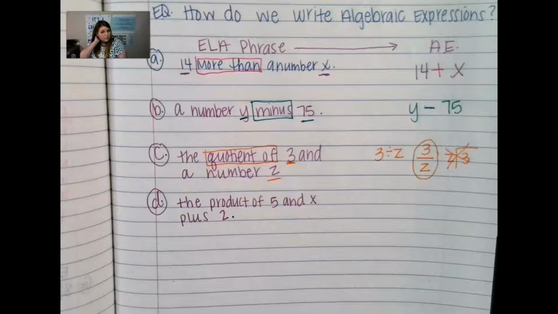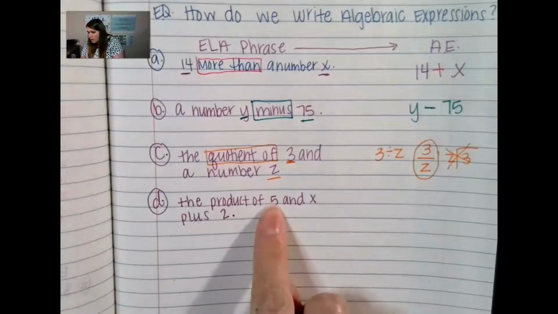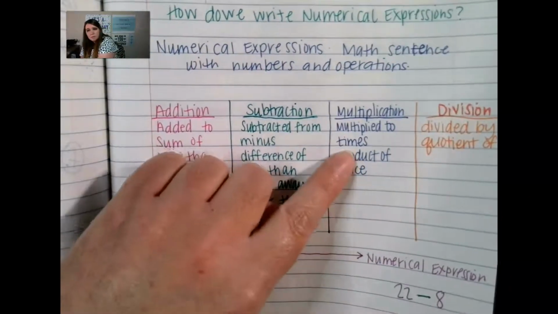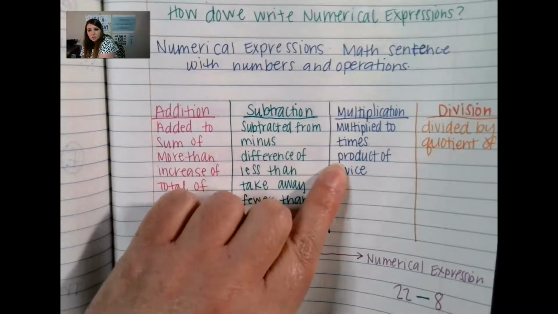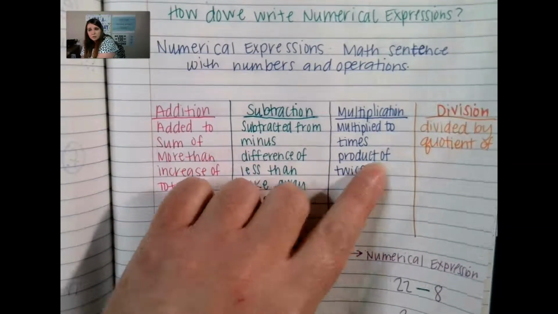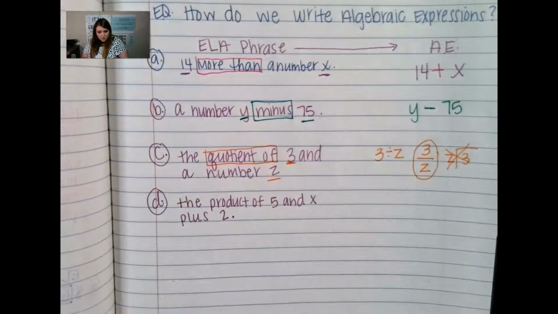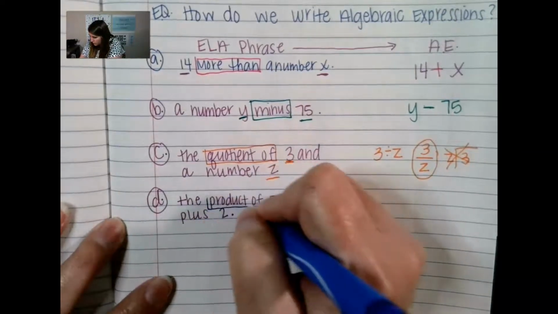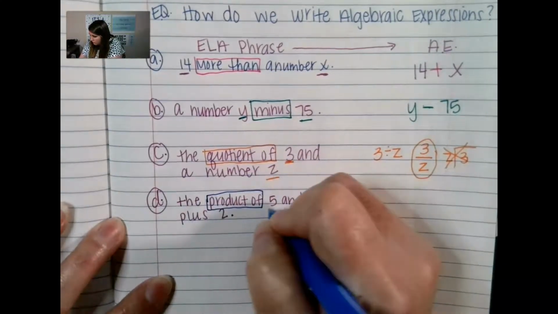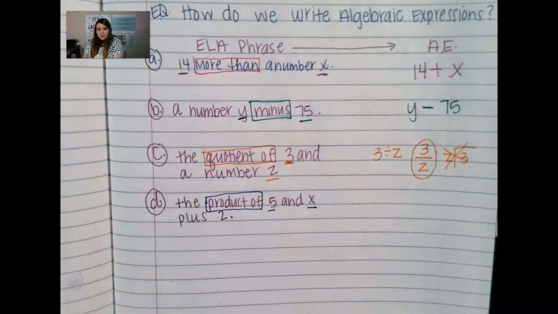So this one has a couple different things going on in here. So we have the word product of. We know that product of means multiplication. So when we look back at our table here, it means to multiply. So we're going to use multiplication. The product of 5 and x. But there's more. We also have this plus 2.